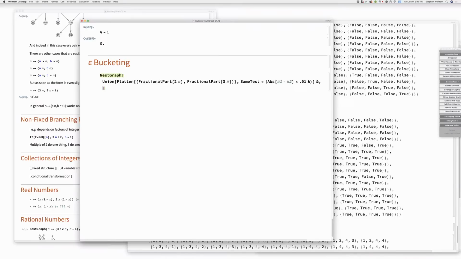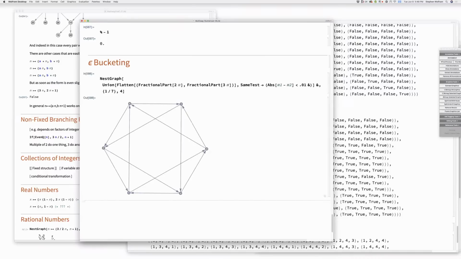So if I start off with let's say 1/7 here. So what that did was, in this particular case, that's mapping, right? That just maps.